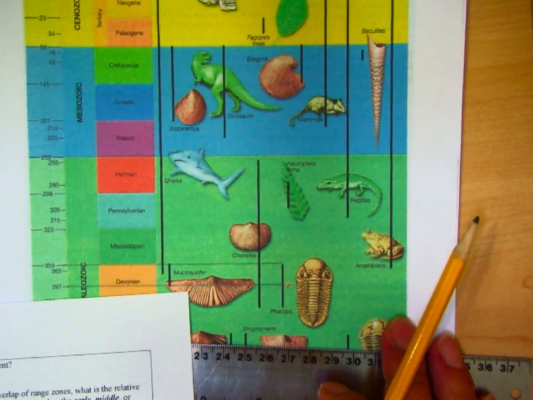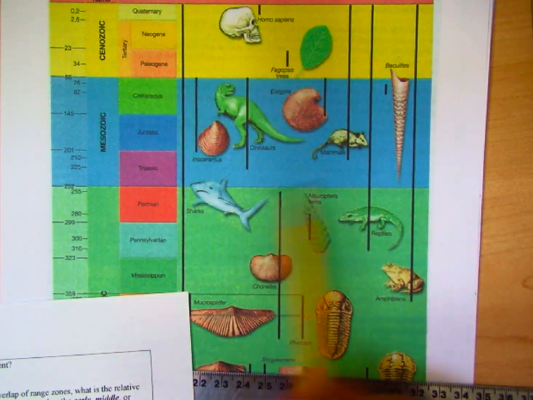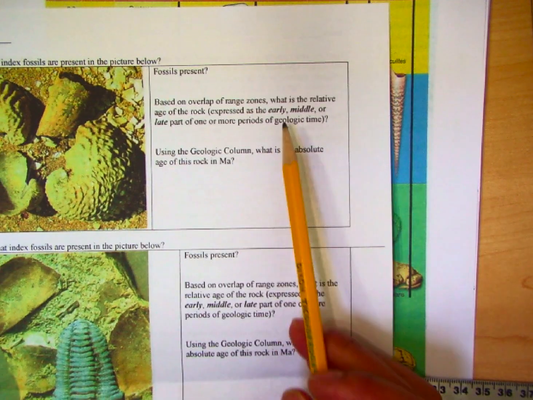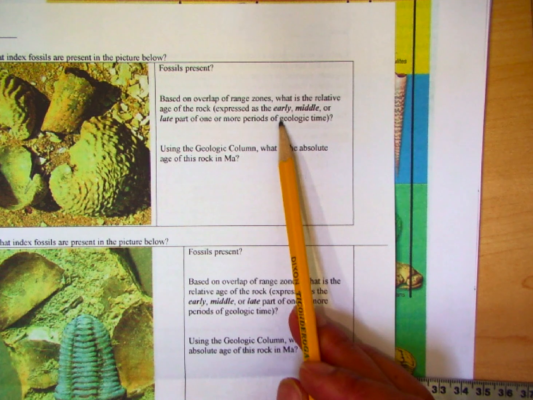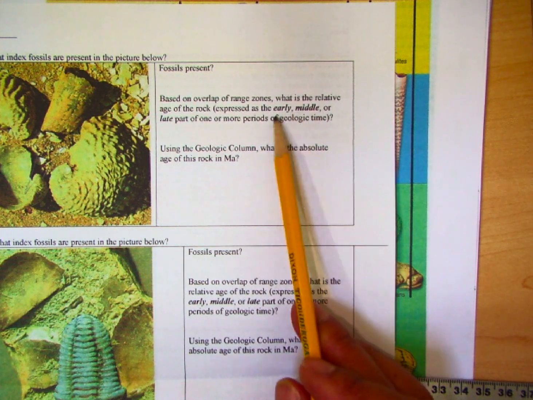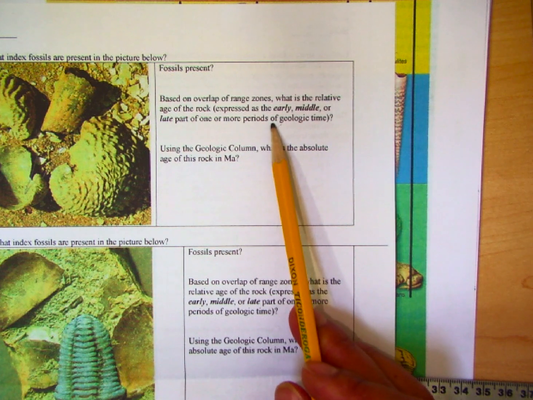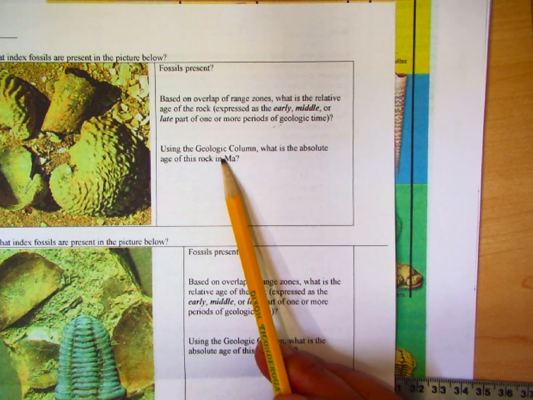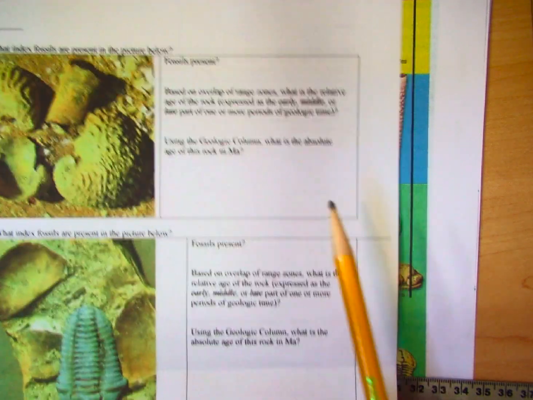So again, you want to use your column here to identify what those two fossils are. They're going to be somewhere in the Mesozoic. And then do the same thing. Based on the overlapping range zones, figure out their relative age, whether it's early, middle, or late Cretaceous, or whatever period you're looking at. And then do the same in terms of millions of years before present for the absolute age.